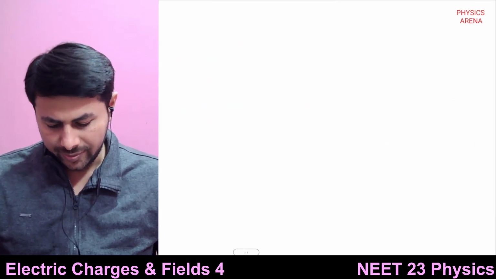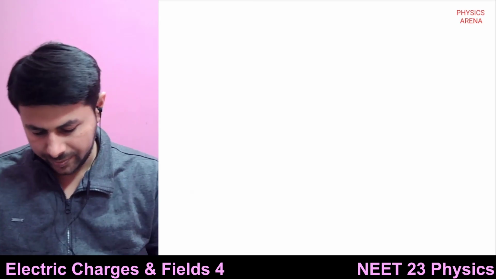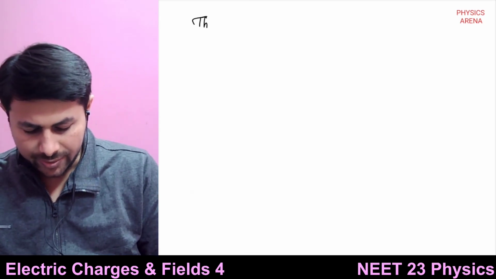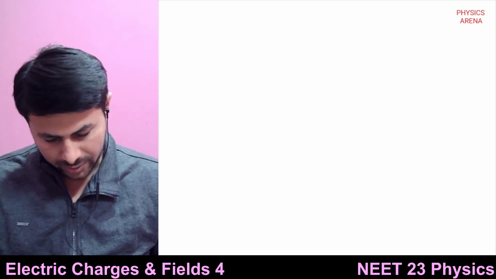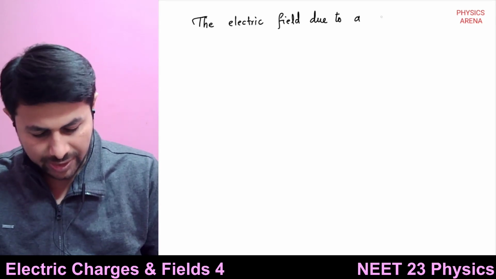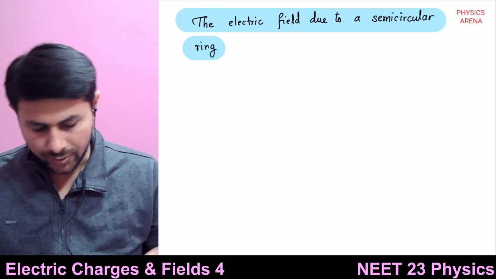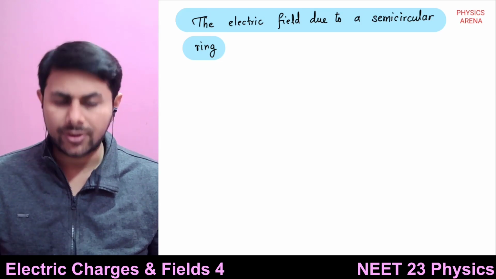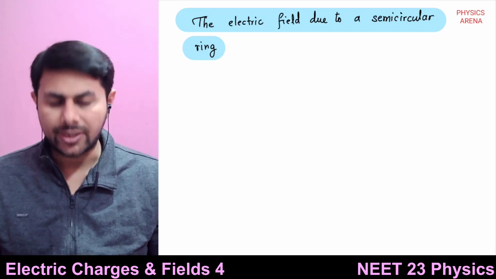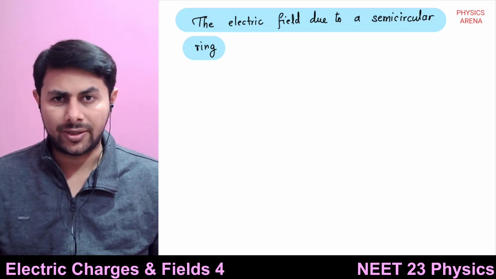So let's consider the first example, the electric field due to a semicircular ring. We'll consider a semicircular ring and find the electric field due to it at the center of the ring.